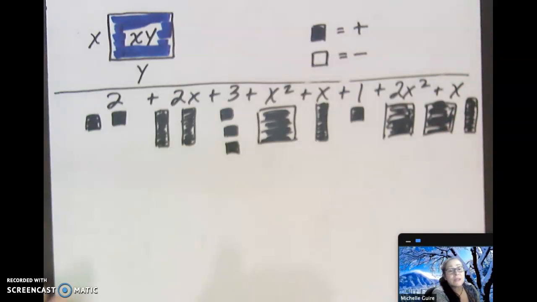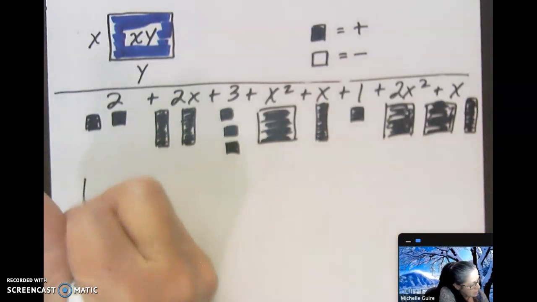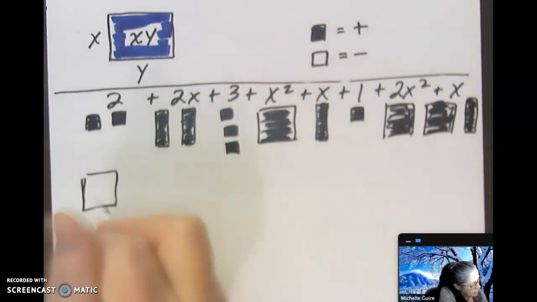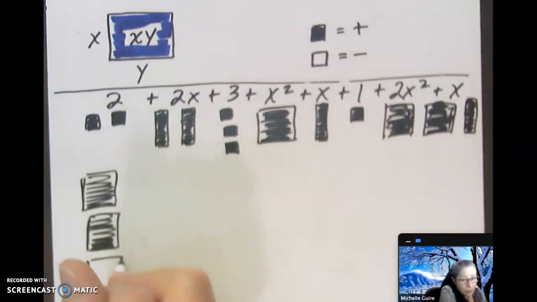Now what I'm going to do is I'm going to combine all these together. So all the like tiles are going to go together. So these 3 are going to go together. So an x squared, an x squared, and an x squared.